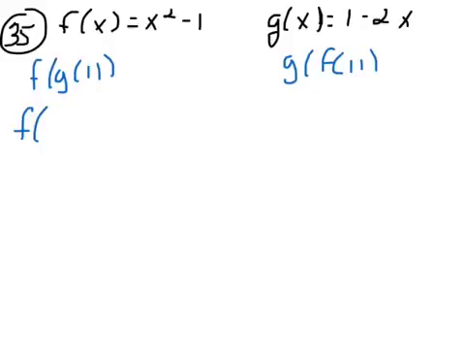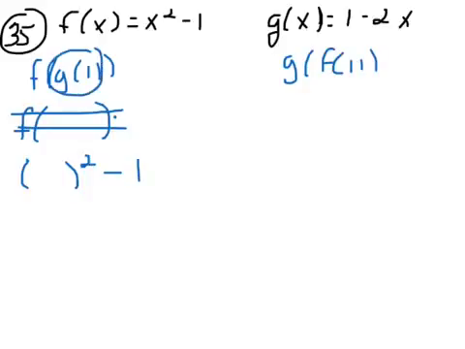What this means is I'm going to do the f function, which is x squared minus 1, okay? But what I'm going to plug in is g of 1. So you start from the outside, you say I'm going to do this f function, x squared minus 1, but what I'm going to plug in is g of 1.